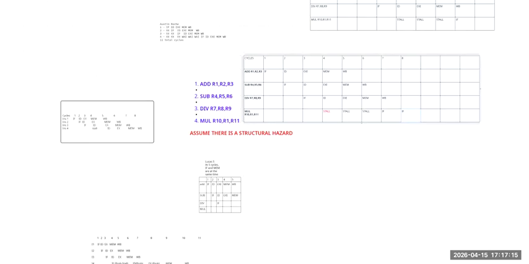Then in the ninth cycle, the execution stage, in the 10th cycle, the memory access stage, the 11th cycle, the write back stage. So these instructions executed in a total of 11 cycles.